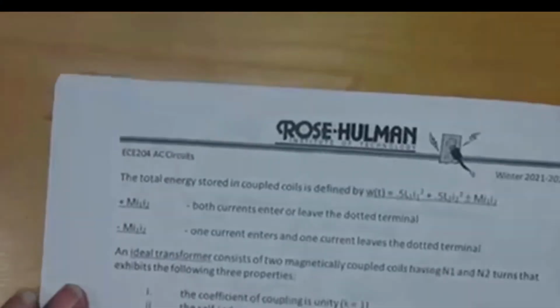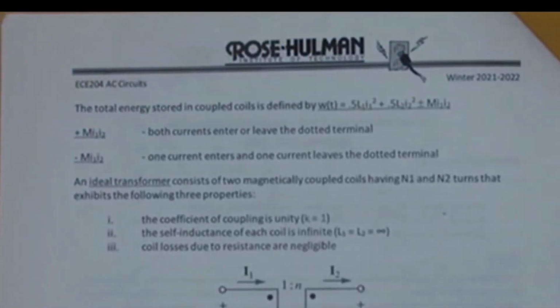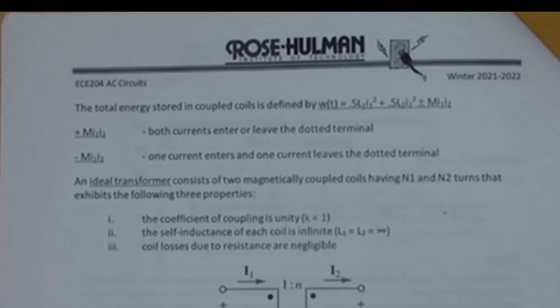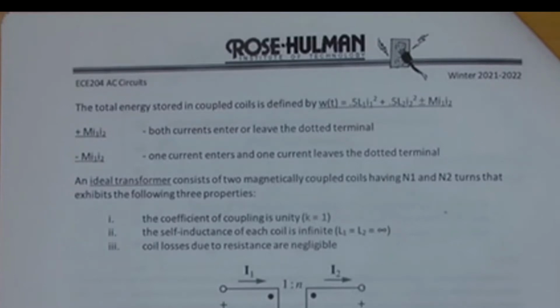So the total energy in the mutual inductance is 1/2 L1 I1 squared plus 1/2 L2 I2 squared plus or minus M I1 I2. That's the mutual inductance. And it can have a positive sign if both currents enter or leave the dotted terminals for each inductor, or it has a negative sign if the current enters for one and leaves for the other.